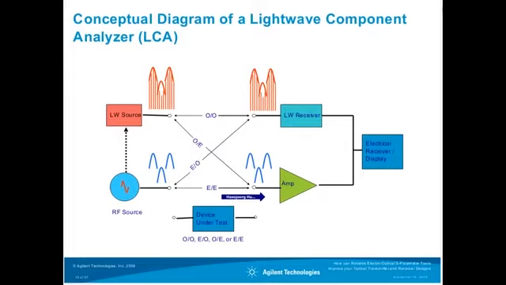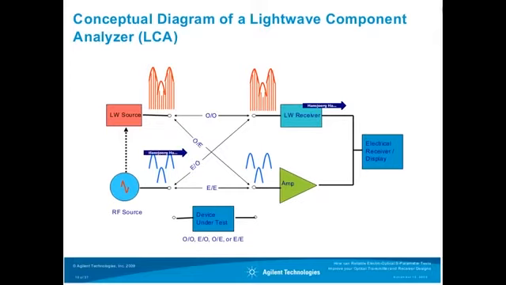But then for the optical domain, you have a Lightwave source which converts the RF signal, in a precisely calibrated way, into a well-known optical signal which has exactly defined amplitude. On the receive side, you have a Lightwave receiver which converts the received optical signal into a well-known electrical signal. And by comparing the sent signal with the received signal, you can determine the characteristic of a component.